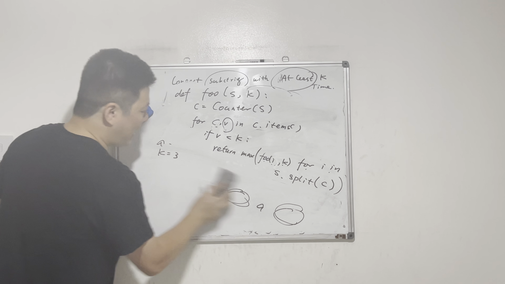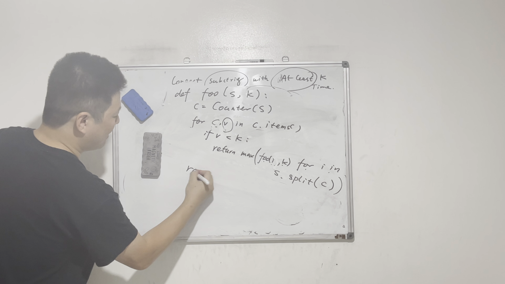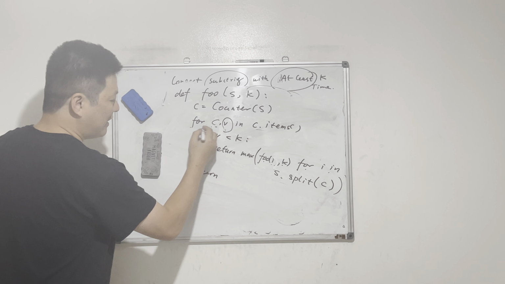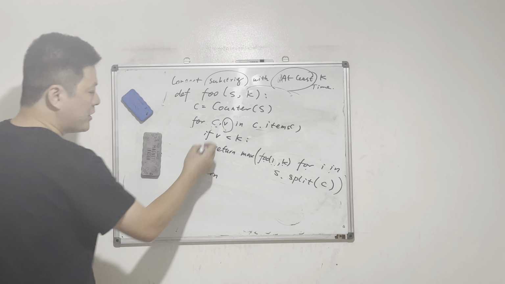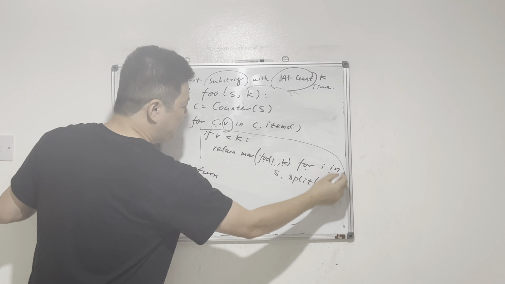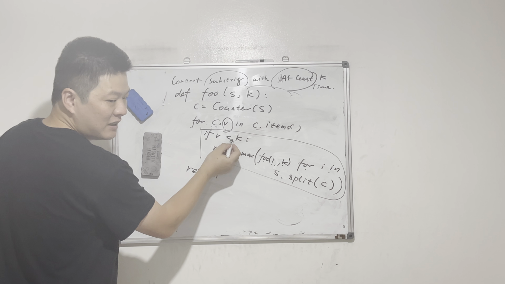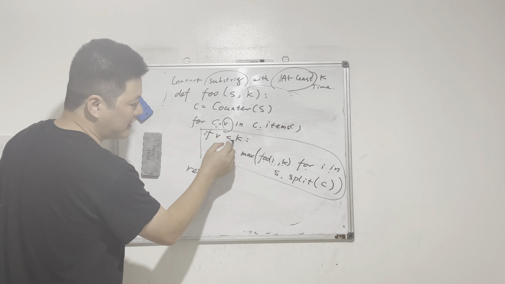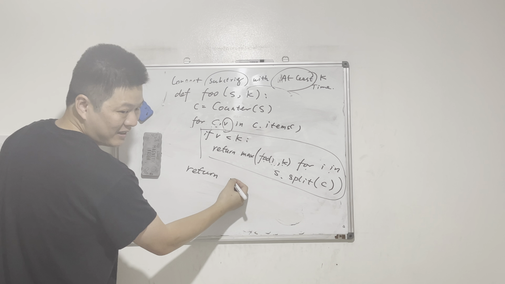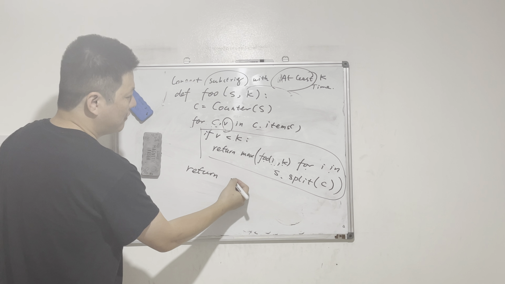And if we can't find this, we return what? If we can't split, if we can't find any character which appears less than K times, it means all characters appear at least K times, so we return what?